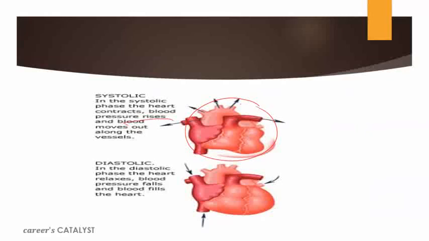Because of that, blood is able to move outside the heart and reach every cell of the body. In the diastolic phase, the heart is in a relaxation state, and because of that the surface area is more, and it receives the deoxygenated blood from all parts of our body and fills the heart with blood.